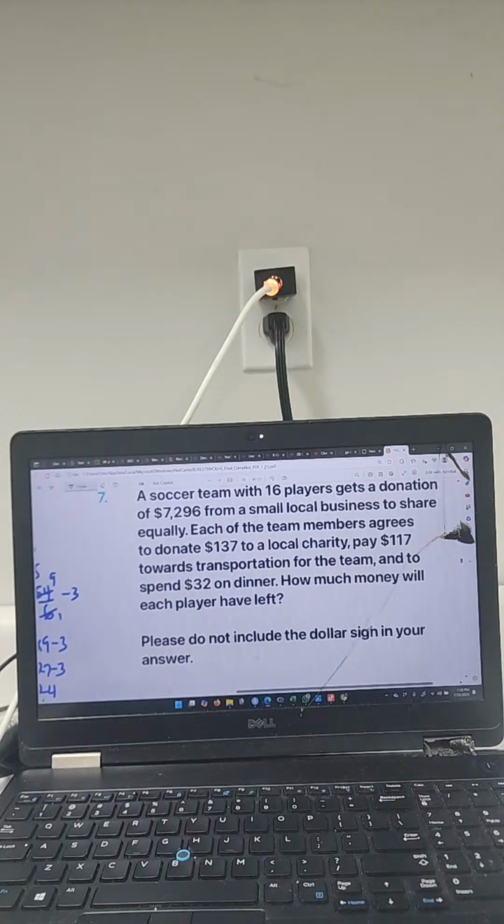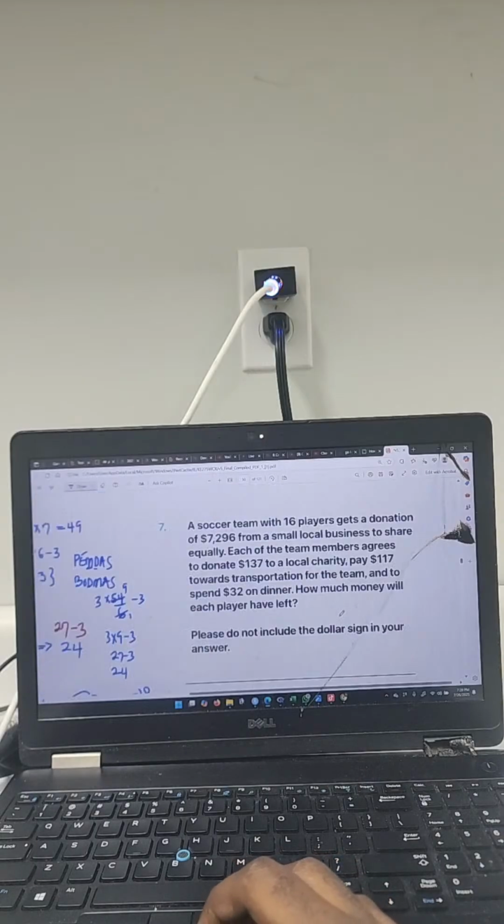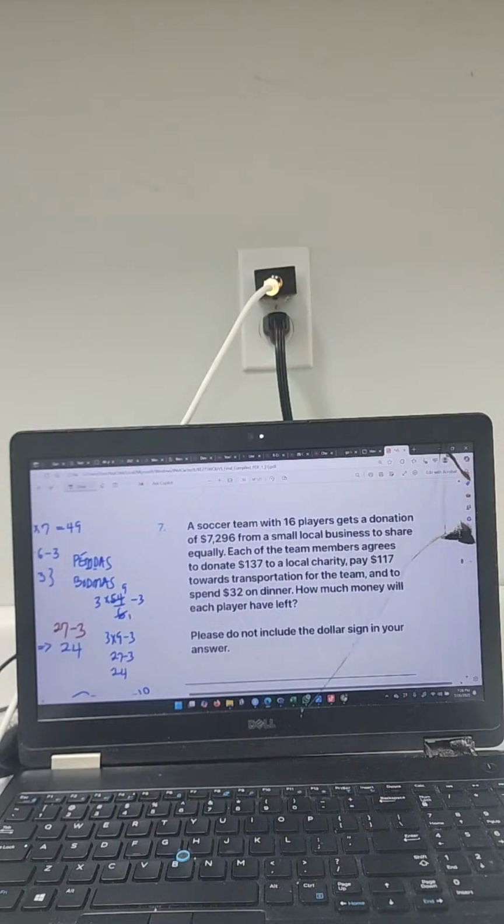It says, a soccer team with 16 players gets a donation of $7,296 from a small local business to share equally. So this is the first expression you need to break down. You want to share $7,000 equally.